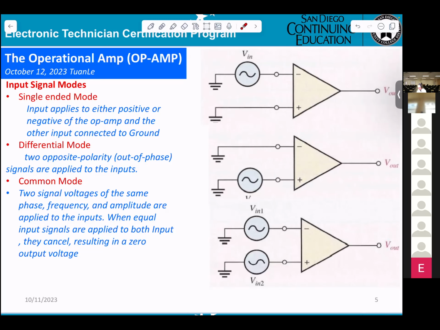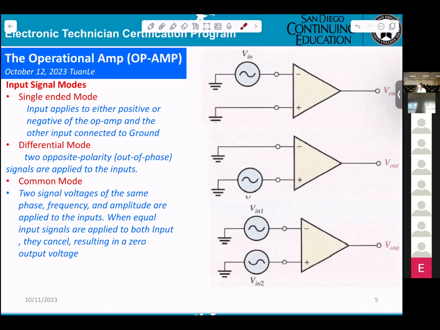Common mode: two signal voltages of the same phase, same frequency, same amplitude are applied to the inputs. When equal input signals are applied to both inputs, they cancel, and the resulting output will be 0.